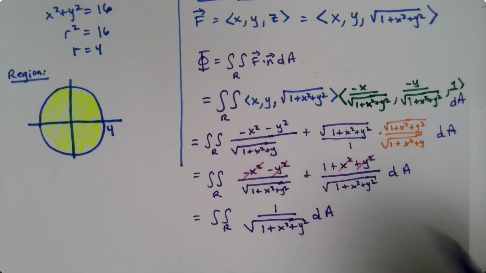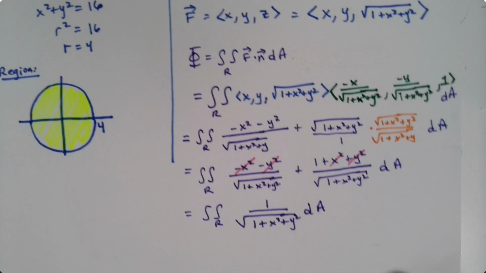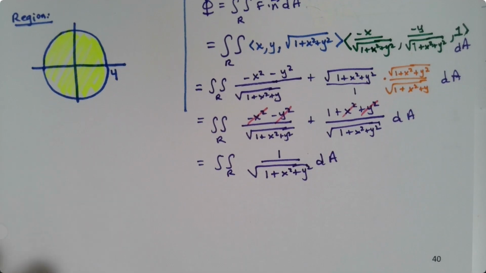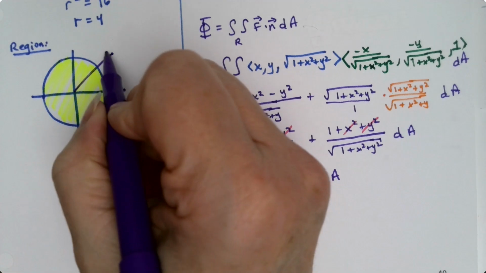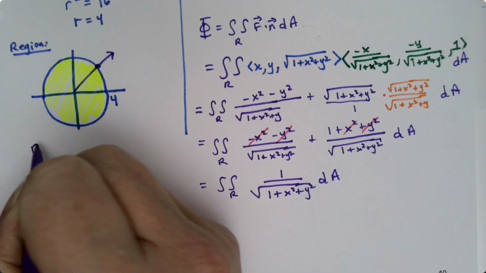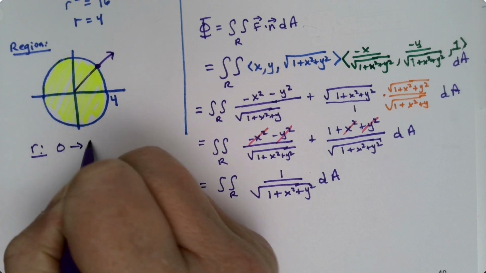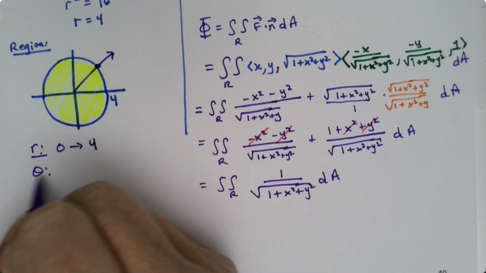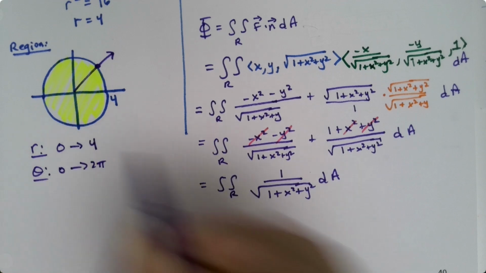dA. Now, at this point, I need to find my limits of integration and do my integral. I could leave it in rectangular coordinates. I mean, we have done that before, but we know that a circle like this will be much easier with a polar form. r goes from 0 to 4, theta goes from 0 to 2 pi.